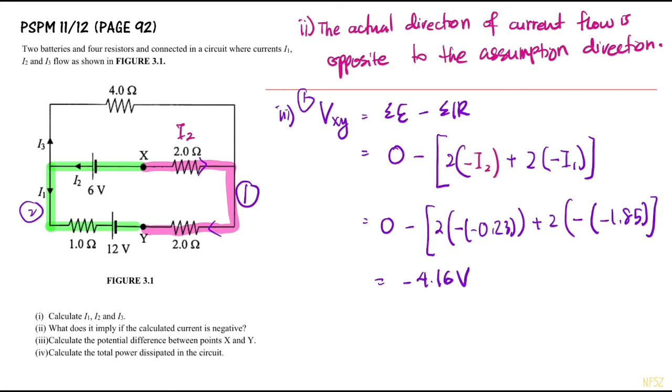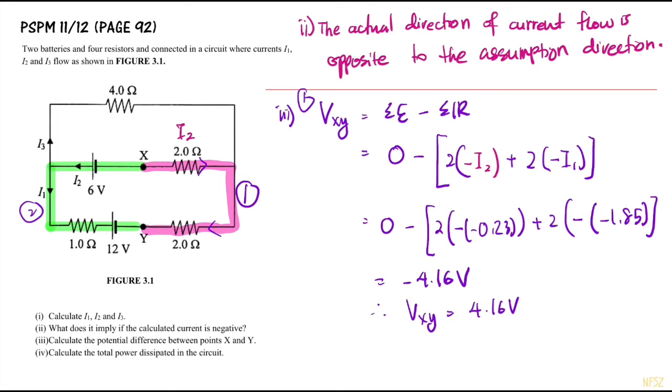Negatif 4.16. Negatif ni tak penting sangat pun, sebab nak potential difference. So tulis balik. Therefore V XY, sebab dia nak potential difference, dia tak beritahu jalan ikut mana, so terpulang mana-mana guna pun boleh. Maksudnya kalau V XY dapat negatif, kalau V YX akan dapat positif 4.16.